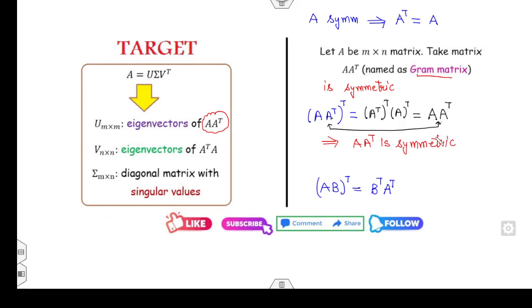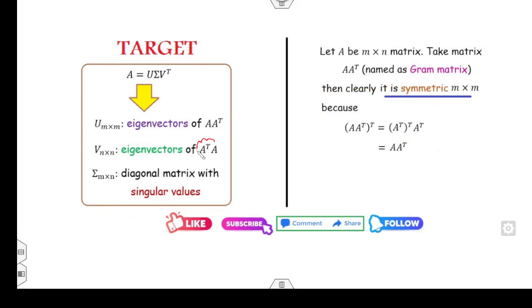Similarly, you can prove that A transpose into A is also a symmetric matrix.